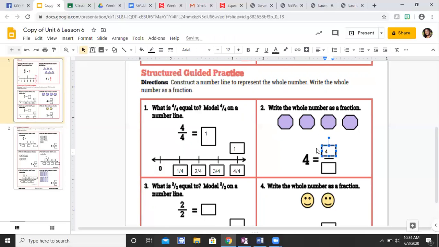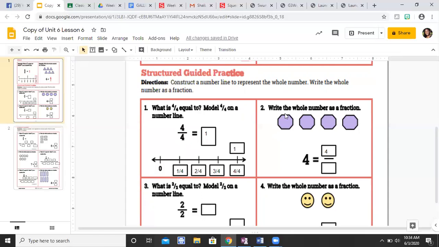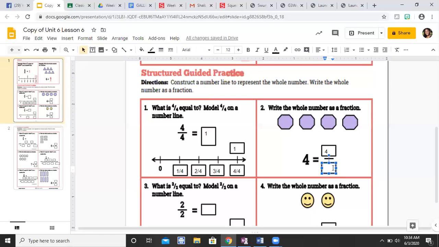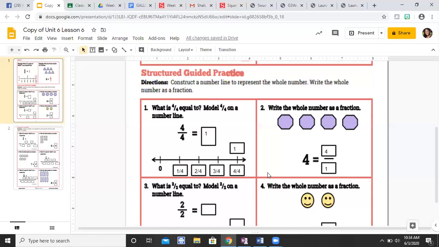And then we're going to look at one octagon and determine how many pieces there are. Since there are no pieces, we're going to put 1. How many parts? There are no parts. It's 1 whole. So we can say that 4 is equal to 4 over 1. 4 completely shaded pieces, and each is in a whole form.